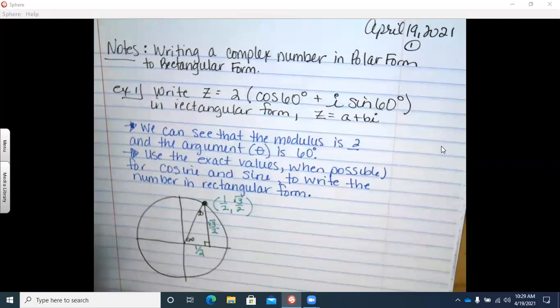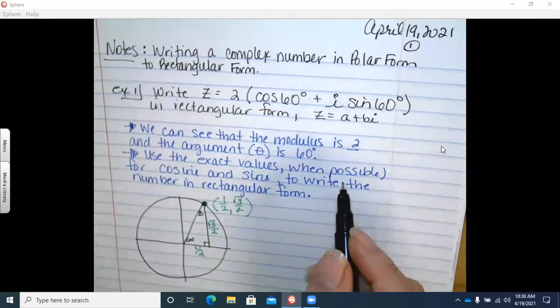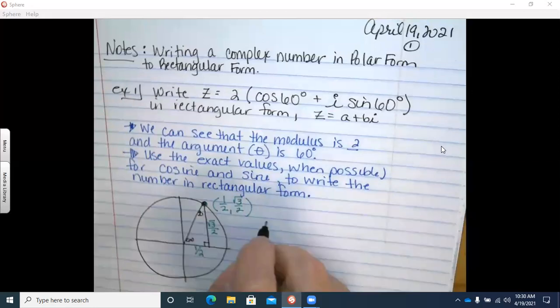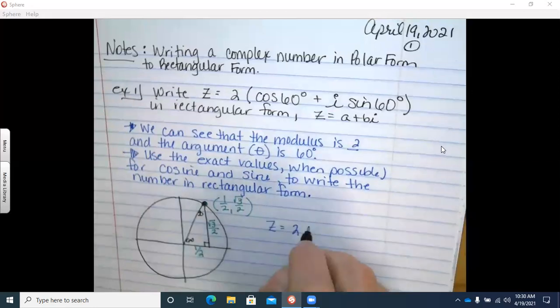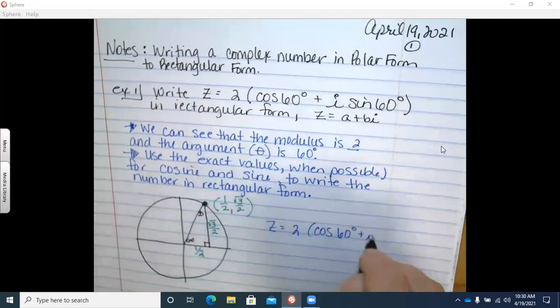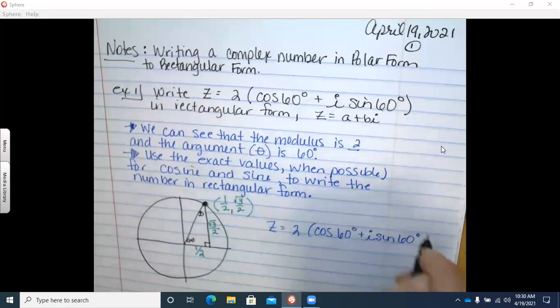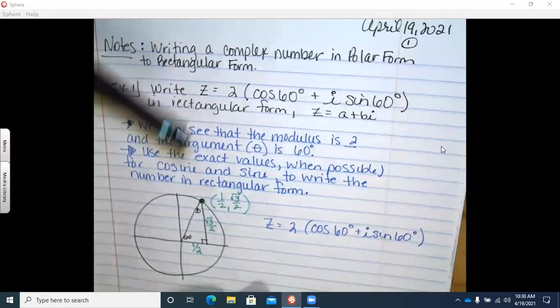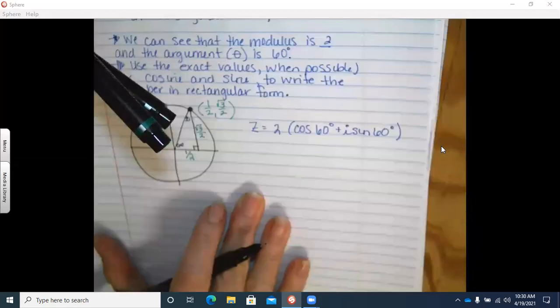Okay. So the polar form was z equals 2 times the cosine of 60 degrees plus i times the sine of 60 degrees. So we know what the cosine of 60 degrees is and what the sine of 60 degrees is. So we're going to substitute those values in.